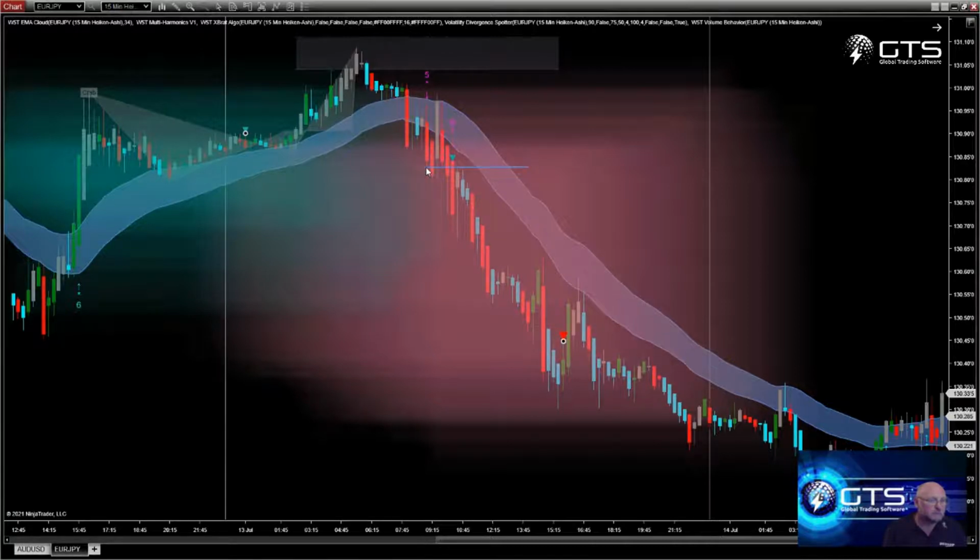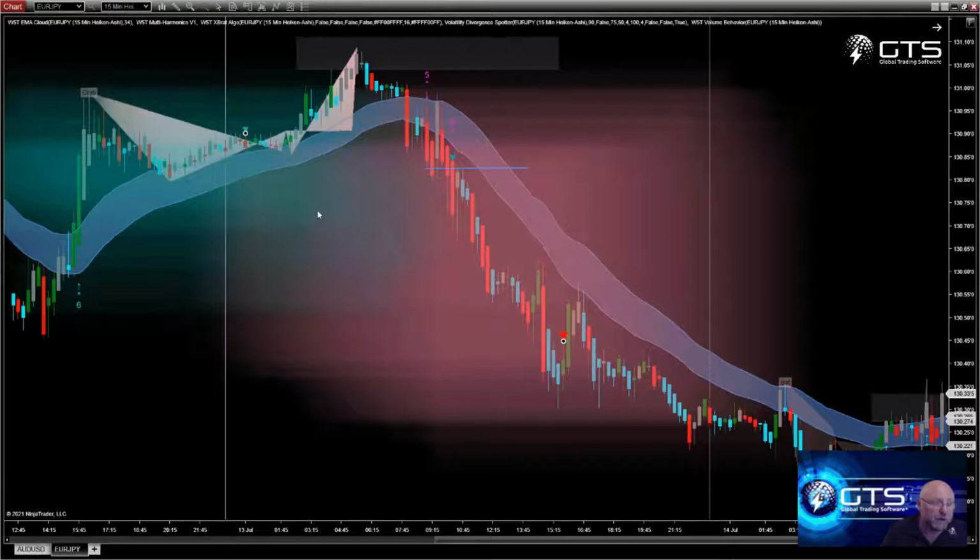Now, you could be conservative and wait for the 6-star, but for me, because we're combining the indicators in this bundle, we've already got some confidence that the harmonic pattern has completed. We've got the 5-star, and the divergence cloud has turned red. So the divergence cloud is your confirmation.